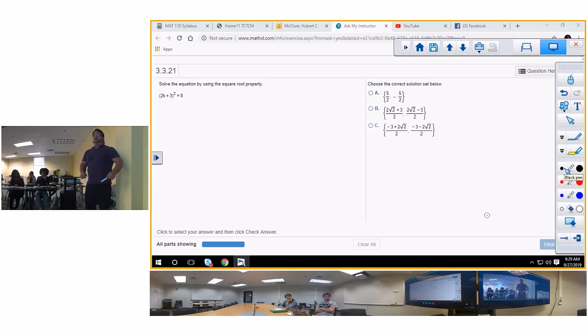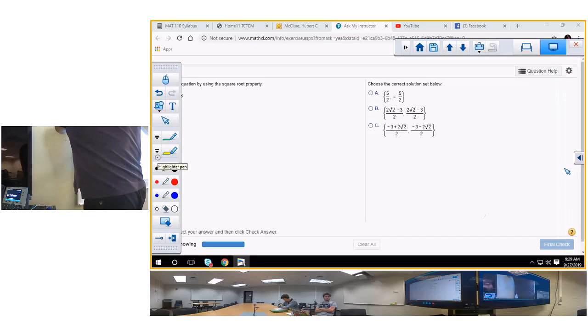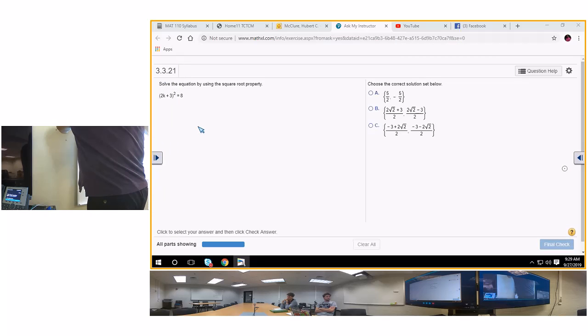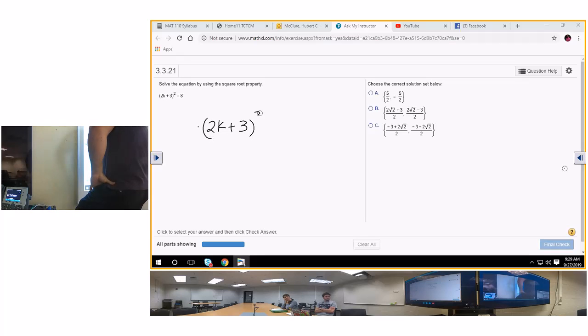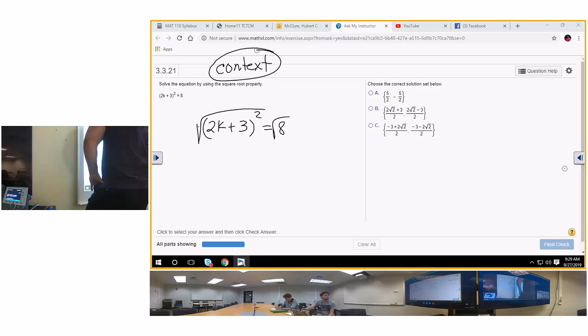So now, do they want an approximate or do they want, looks like they want an exact. So 2k plus 3 quantity squared is equal to 8. Take the square root of both sides. Now, since they got a bunch of radicals, you better leave this under the radical or simplify with the radical. So that's context. Dang old context. Context means that if the answers are written in terms of radicals, you need to what?